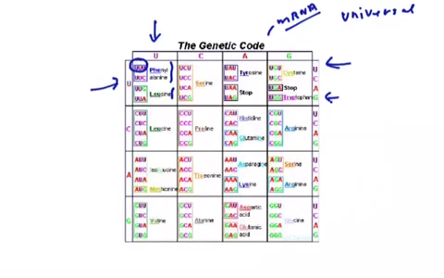And if you have a look across the code, you can see that every one of the 20 or so amino acids is coded for by various triplet codons. You'll also notice, if you look closely, that some of the triplet codons code for the message stop, and this will become more obvious when we look at protein synthesis.